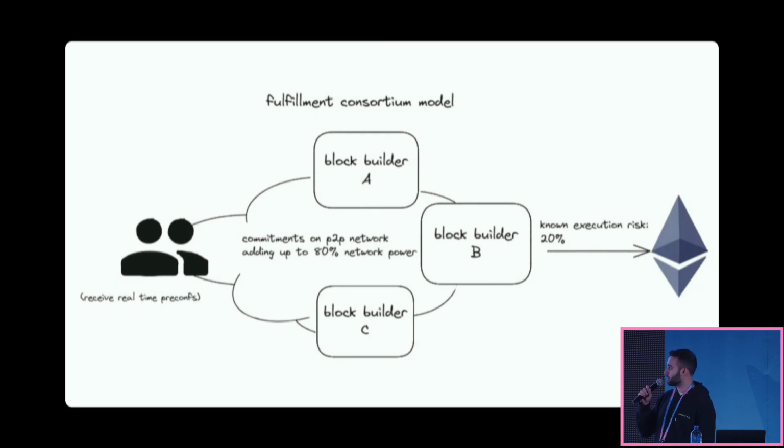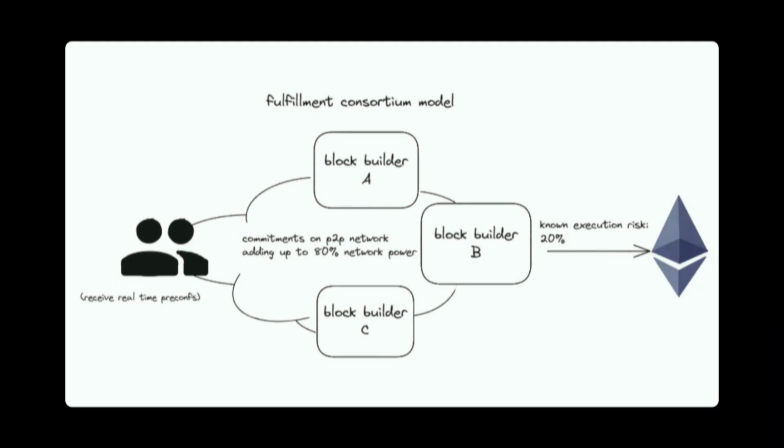And the fundamental problem today is that there's no known execution risk on Ethereum. What you do is you send your transaction, and a group of block builders, relays, validators, decide at the end of the day that it lands on chain or not, and you find out 15 seconds later. And through this time, you have no idea what your execution risk is. So this fulfillment consortium model, where you have the different block builders on a network, allows you to quantify your execution risk.